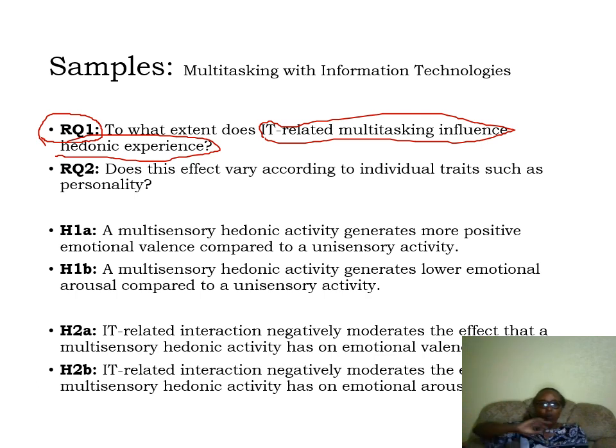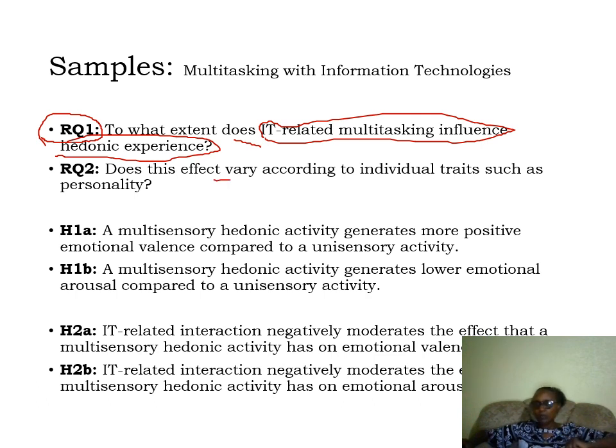Again, you see, you remember when we were talking about qualitative research and quantitative research, we said qualitative research doesn't assume any relationship. These two are already assuming a relationship. This is assuming a causal relationship. This is assuming an effect.